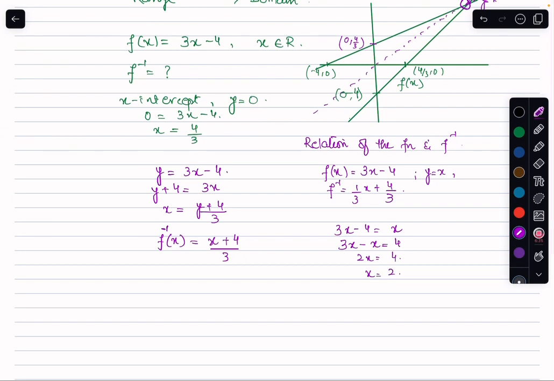Meaning, if y equals x, then (2, 2) is the point of relationship between the function and inverse, between f of x and f inverse x.